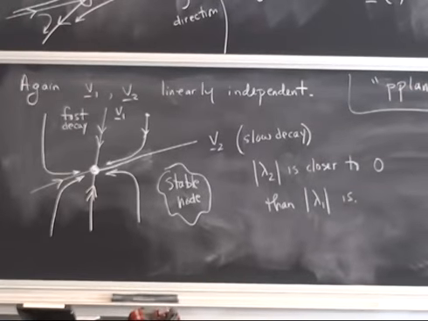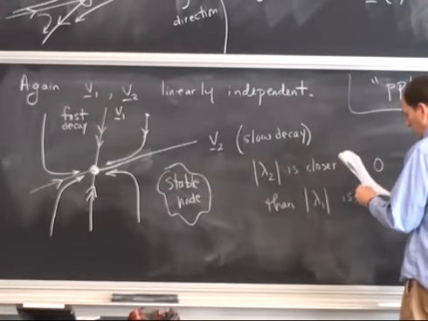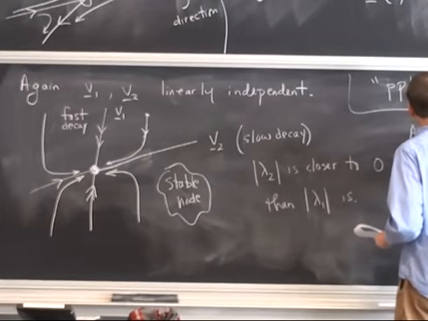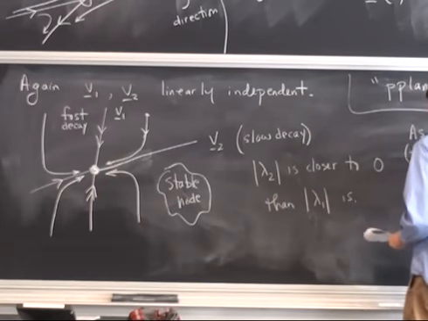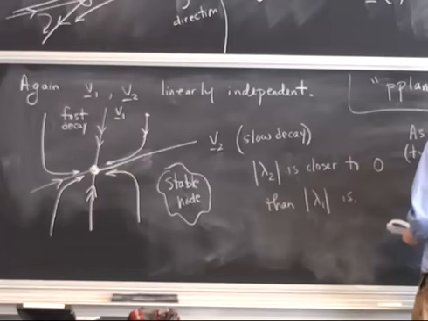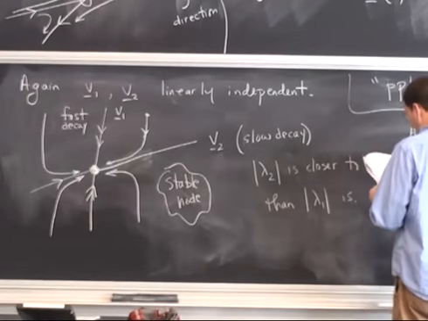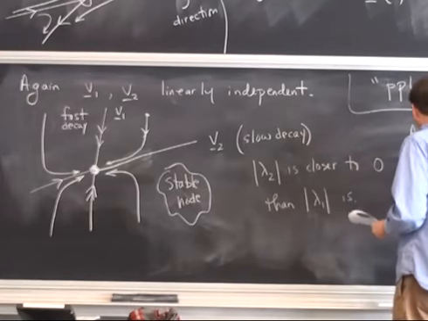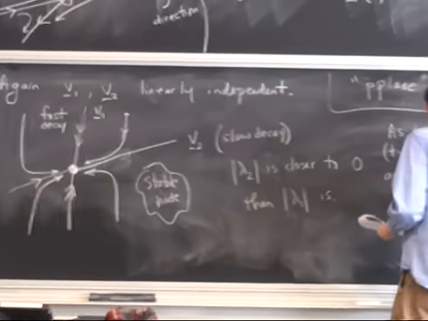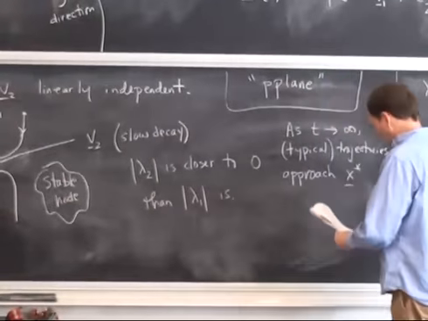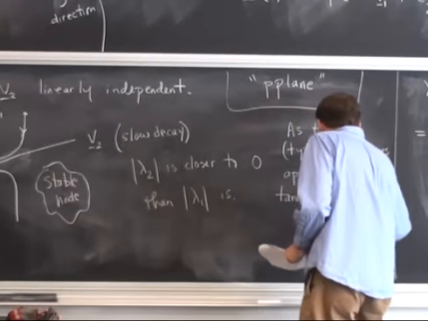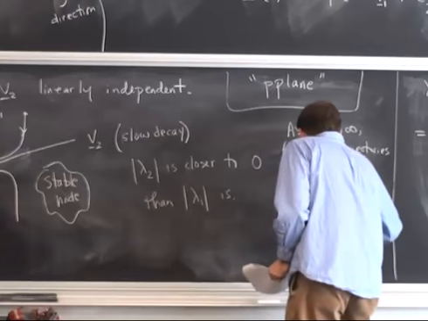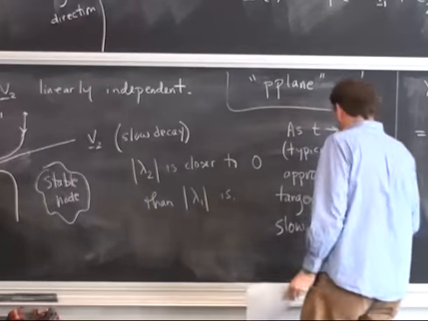And also, just two other things to say that I sort of indicated by the sketch, but maybe I ought to record: as t goes to plus infinity, the typical trajectories approach the fixed point x star, which here was taken to be the origin, tangent to the slow direction. That's my point.